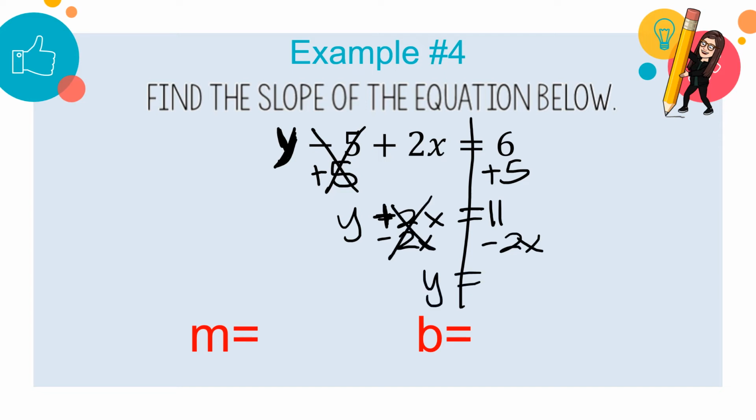I've got y equals 11 subtract 2x. All right, let's take a look. m is always in front of the x. Include the sign on this one. It's -2. So if you're asked to circle the slope, make sure you include the sign. b is the number by itself, which is a +11.